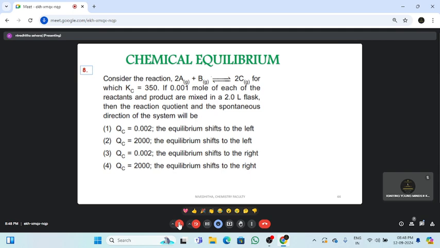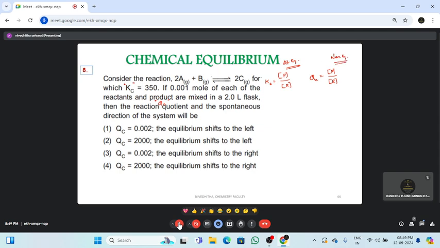So what is the difference between Kc and Qc? Qc is your reaction quotient. Expression will be same for equilibrium constant and reaction quotient, but the logic is different. Kc is nothing but concentration of product divided by reactant at equilibrium. Qc is nothing but concentration of product divided by reactant at non-equilibrium.